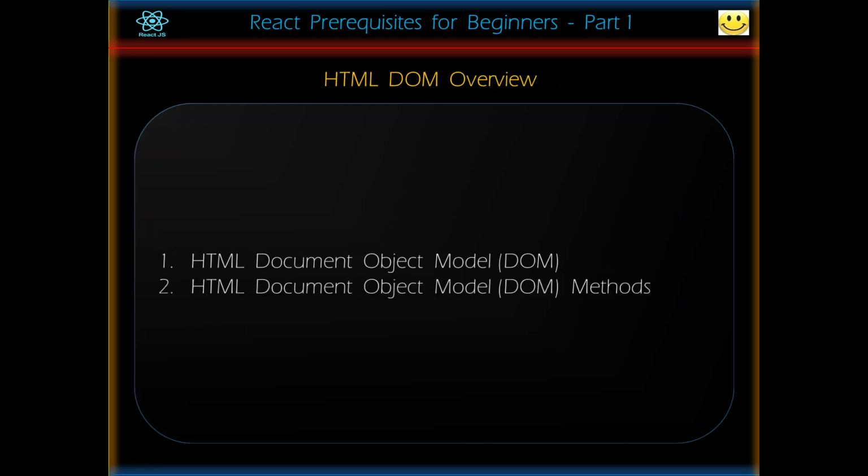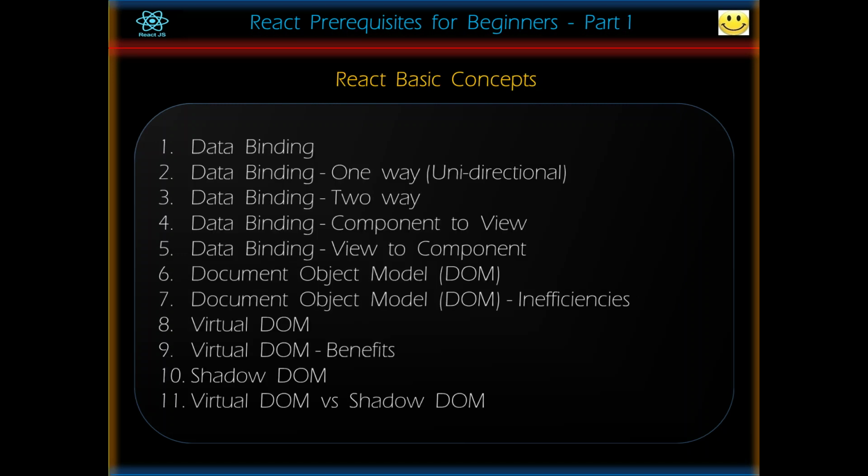In the next lecture, HTML DOM overview. In this lecture, we will learn about HTML DOM, that is Document Object Model, HTML DOM methods. In the next lecture, React basic concepts.